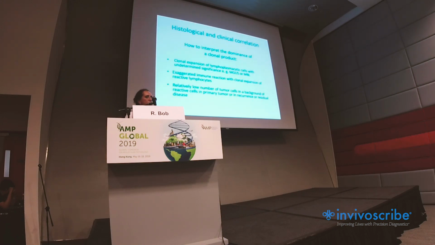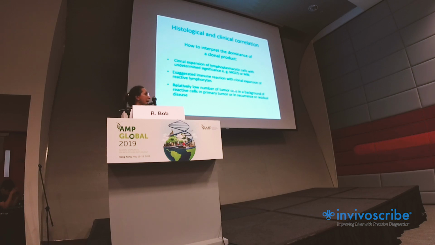Now we come to the post-analytical pitfalls. It's very important always to interpret the results of molecular clonality analysis with the histological and clinical findings. A dominant clone could be representative of a clone of undetermined significance, like monoclonal B lymphocytosis or MGUS.